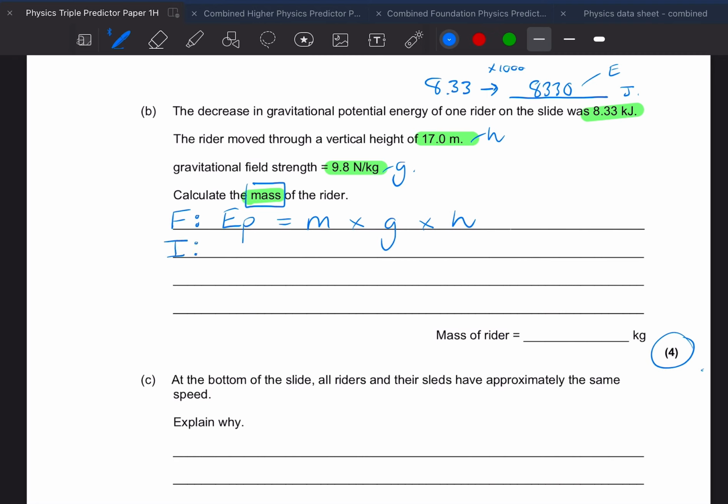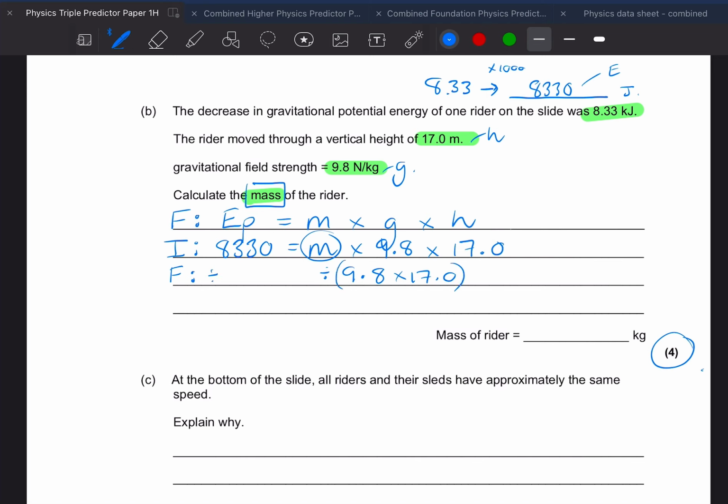All right, let's input the data. So the energy we know is 8330. The mass we don't know, so we'll leave that as mass. Gravity is 9.8, and the height is 17.0. We are going to have to fine tune this because we want to make mass our subject. So mass is currently being multiplied by 9.8 and by 17. So we can just divide this side, dividing the mass by 9.8 times 17.0.